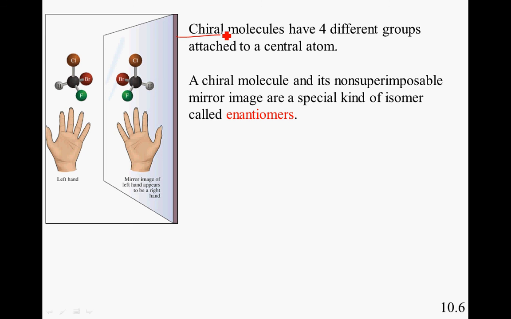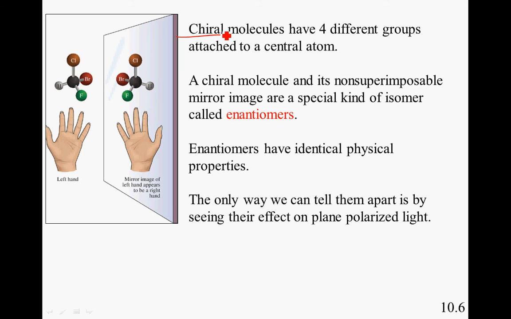A chiral molecule is non-superimposable on its mirror image, and they are a special kind of isomer called enantiomers. Enantiomers have identical physical properties. The only way we can tell them apart is by seeing their effect on plane polarized light.